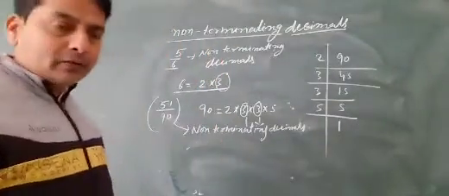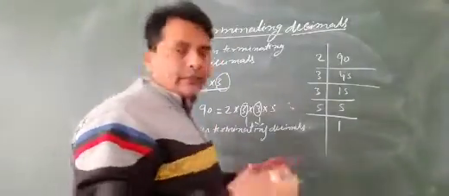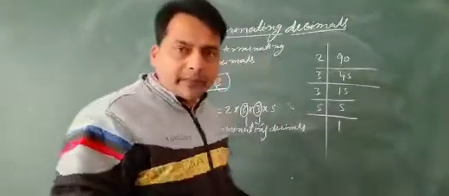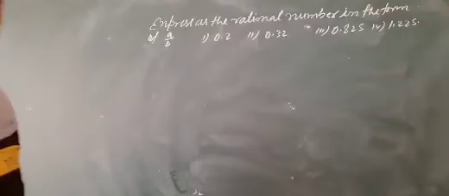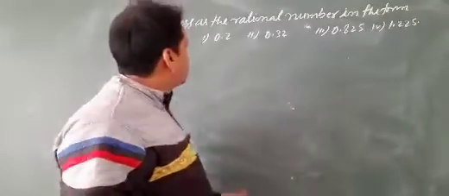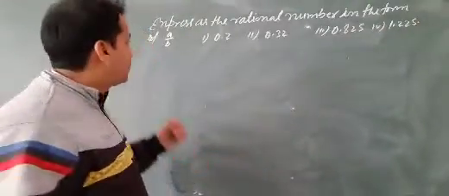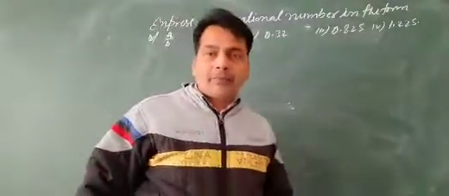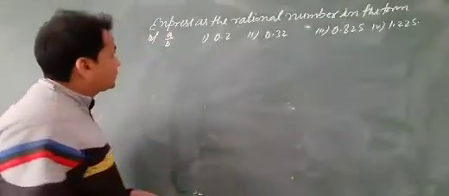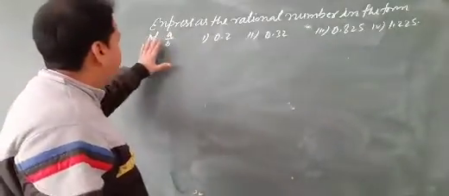Now some more examples. Identify which rational numbers are terminating and which are non-terminating decimals. Here are some numerical problems. Express as a rational number in the form of a by b.